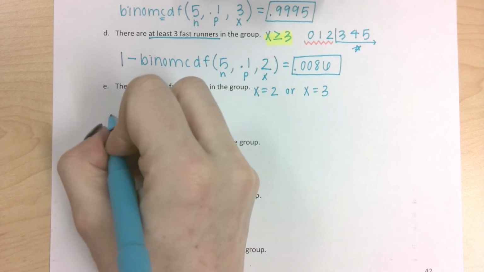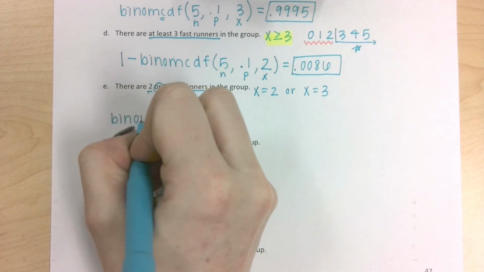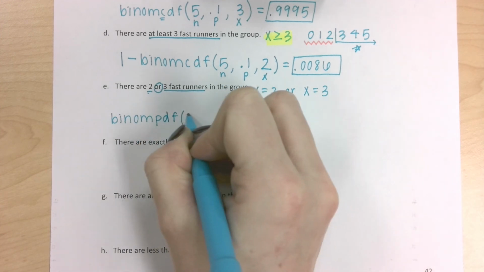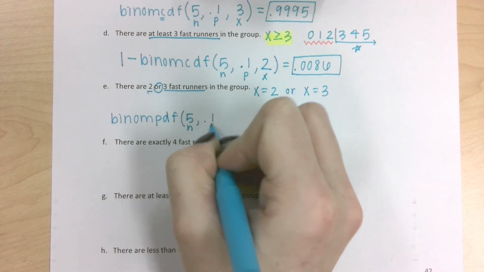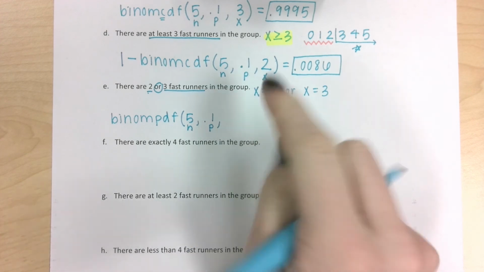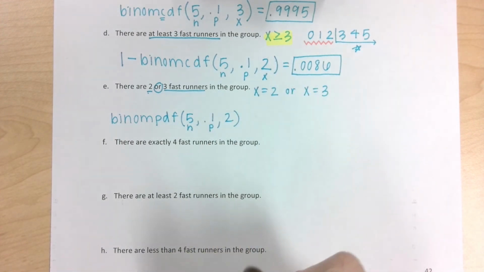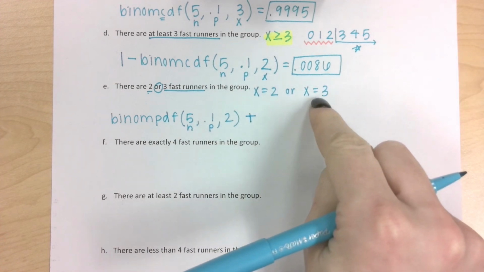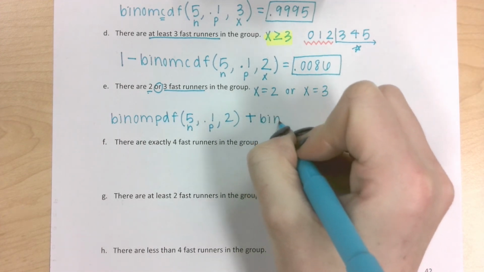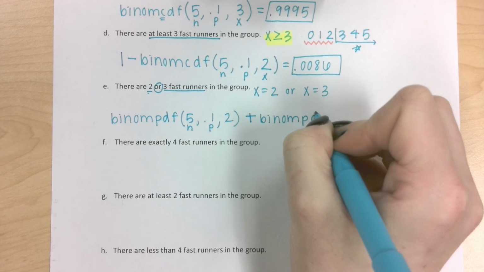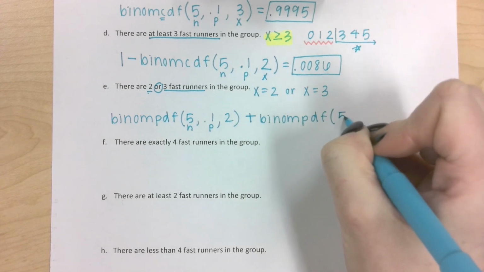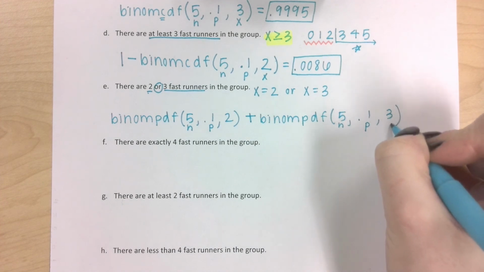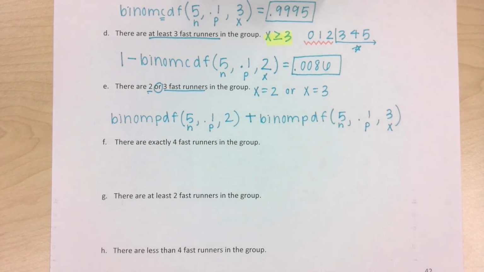So I'm going to take the binomial PDF. 5 is still my n, my probability is still 0.1. I'm going to start with this first one of X equals 2. And whatever I get there, I'm going to add it to a binomial PDF for 3. So still 5 trials, same probability, but now I have 3 as my X.